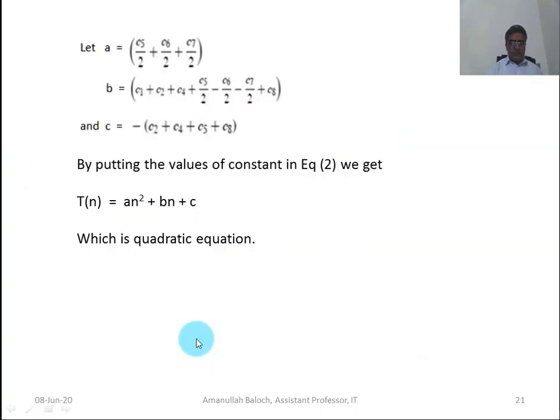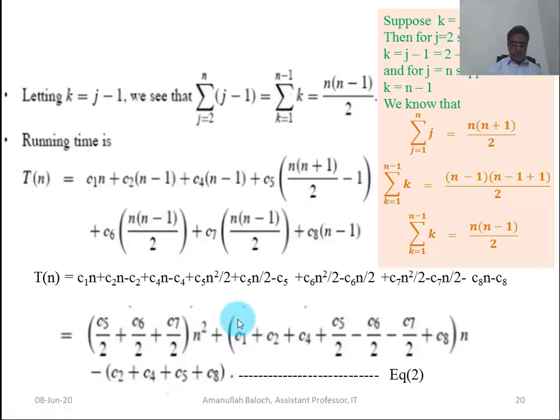Now we suppose that this section consists of constants, and we suppose it to be the largest constant A. We suppose this section with the largest constant B, and this section with the largest constant C. So it will become A n square plus B n plus C.